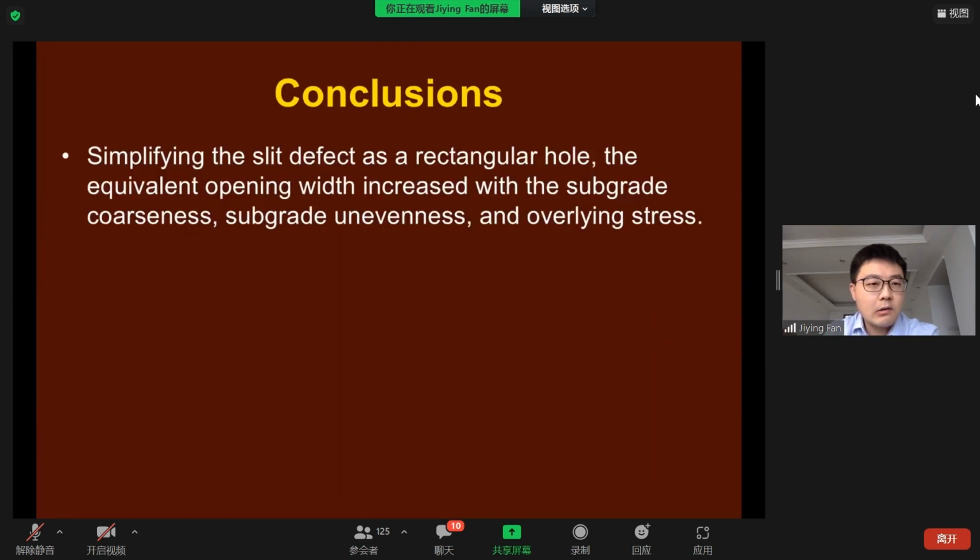And here come the conclusions. Simplifying the slit defect as a rectangular hole, the equivalent opening width increases with the subgrade coarseness, subgrade unevenness, and the overlying stress.